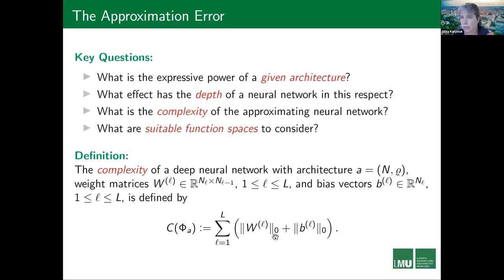Now, these are not really norms, but let's call them norms for now. What the 0 indicates is that one counts the number of non-zero elements. So we basically count how many entries I need to store. The others are all 0, and that's my measure of complexity.